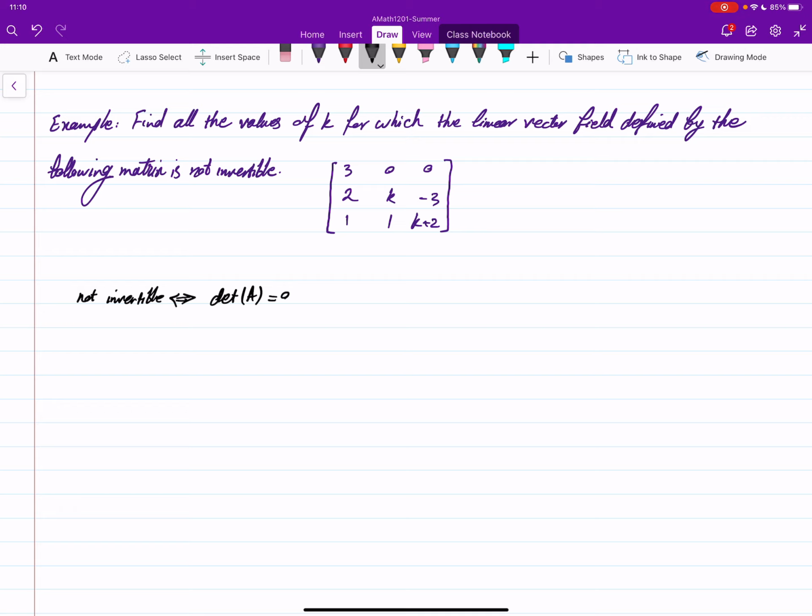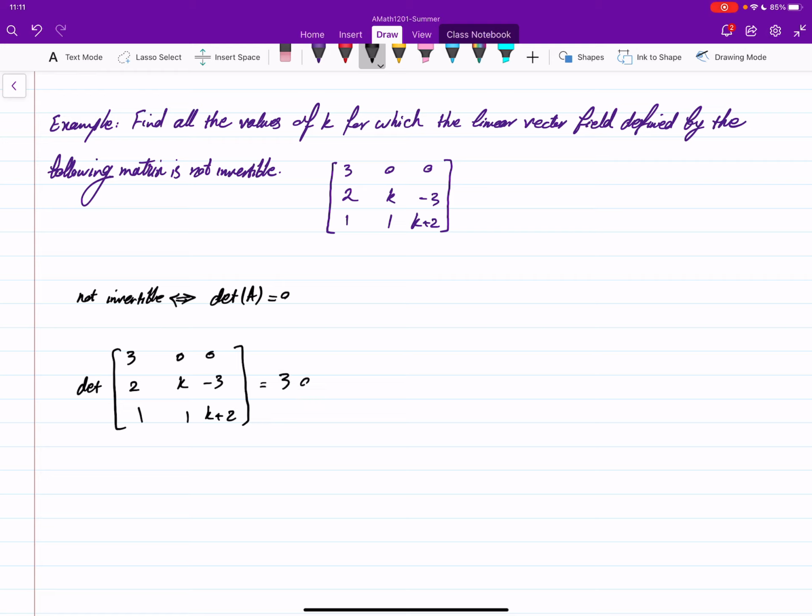So the determinant of the matrix here, I will do a quick calculation of that.